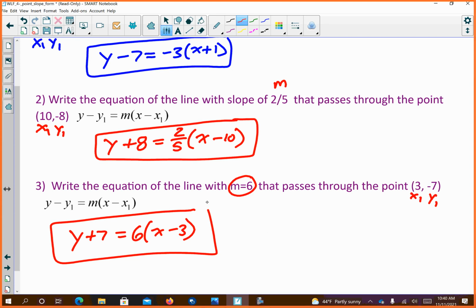So if they just say, hey, write the equation, you can stop with point slope once you plug your things in. Now, if they ask you to write your equation in a certain form, then you have to look out for it. But I'll have listed up on the board, slope equation, point slope, slope intercept, standard form, all of those things.